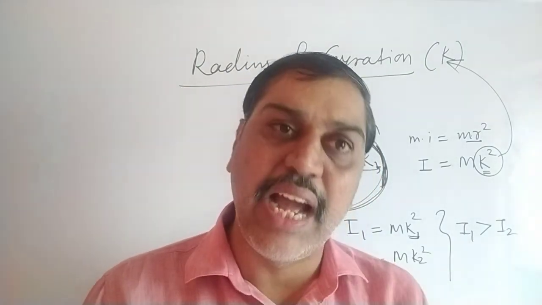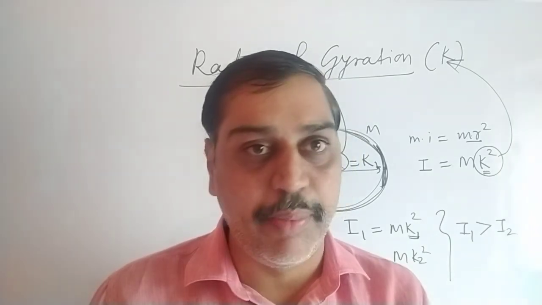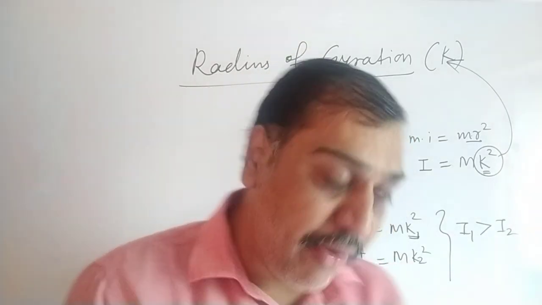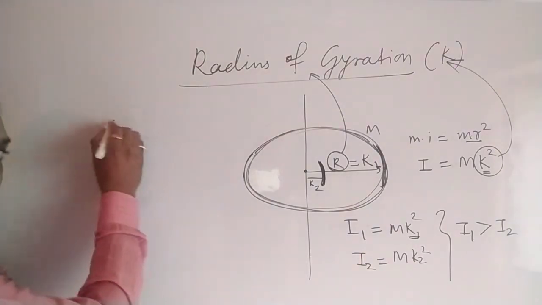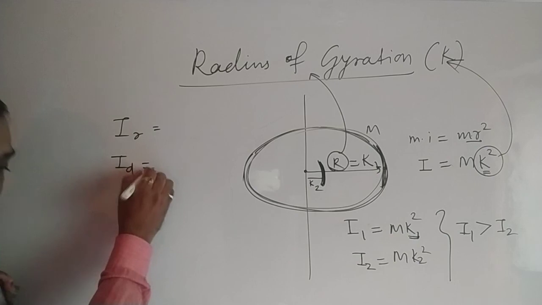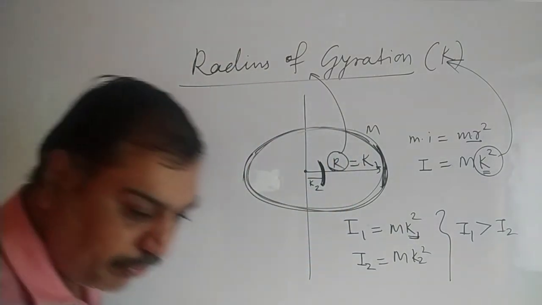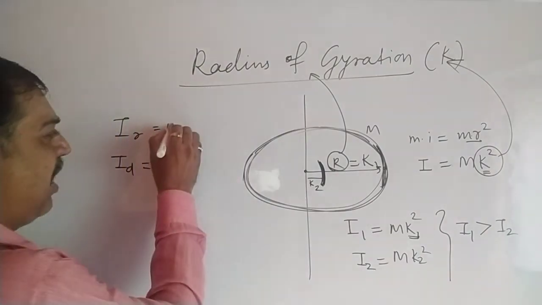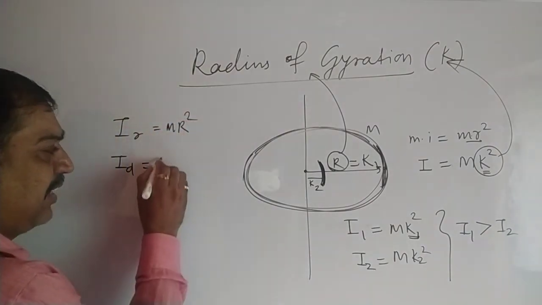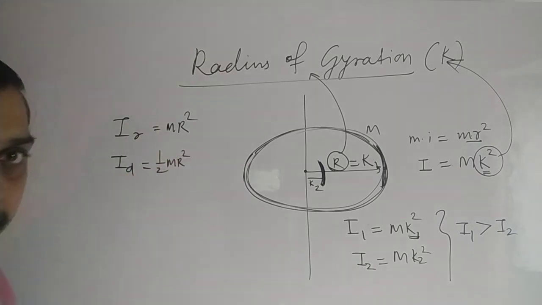Below this topic, there is a yellow color shade. They have given the moment of inertia of a ring and found the moment of inertia of a disk. So here they have represented two parameters, IR for ring and ID for disk. As we know, it is mr square for the ring, and for the disk it is 1/2 mr square, which we just derived.